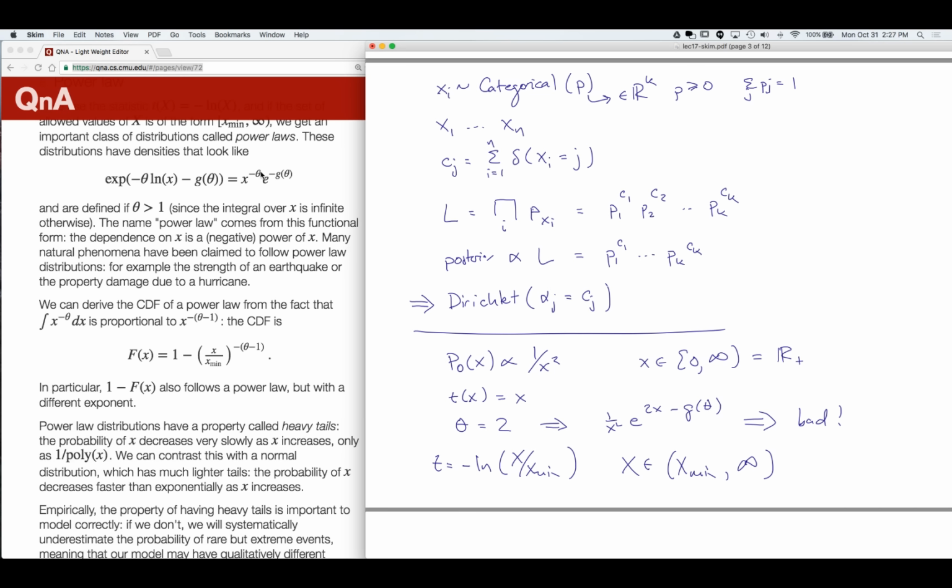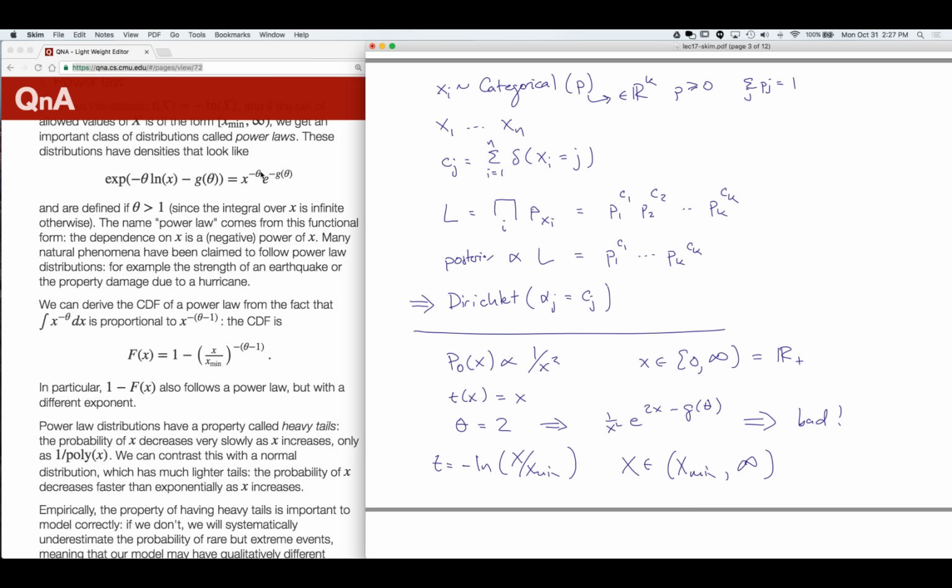Power laws are interesting because they have this property called heavy tails. The tail is basically the probability of extreme values of x, which in this case means really large values of x. The probability of more extreme events has to decrease, otherwise you couldn't have a finite integral. But it can decrease quickly or slowly.